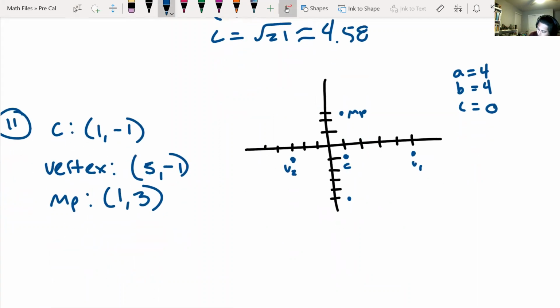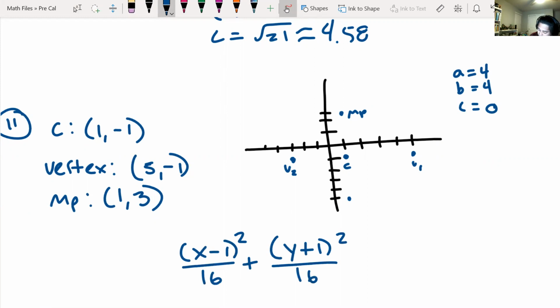I would have x minus 1 squared over 16, plus y plus 1 squared over 16 equal to 1. Then you can multiply 16 onto both sides.